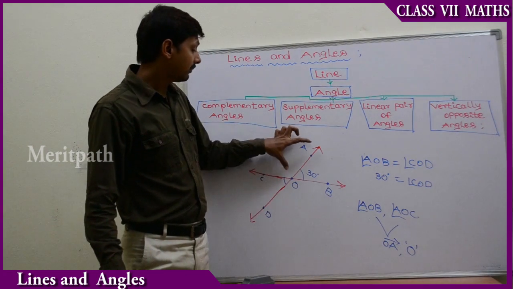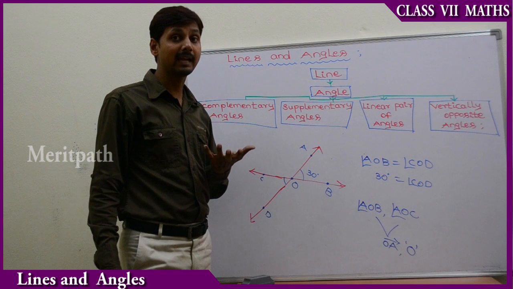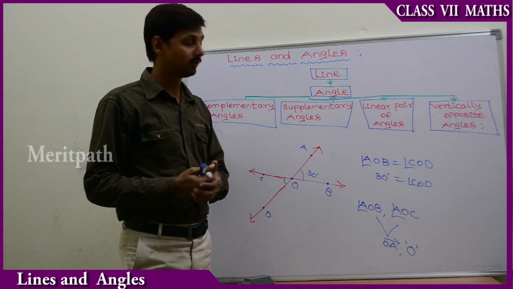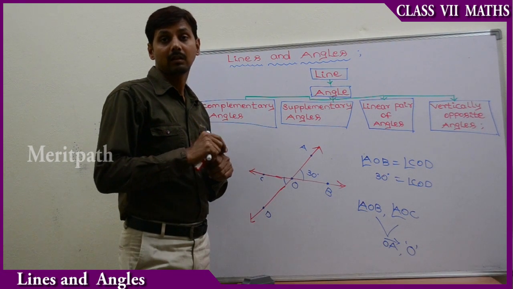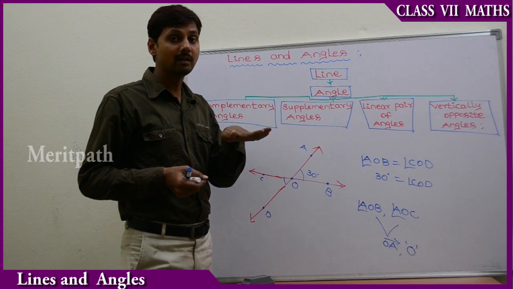The common arm is OA and the common vertex is O, for both angle AOB and angle AOC. These two are called adjacent angles, and they form a linear pair, because adding the two angles gives 180 degrees on a straight line.